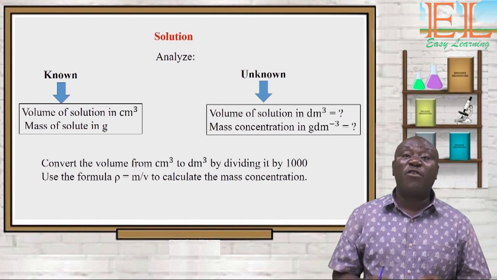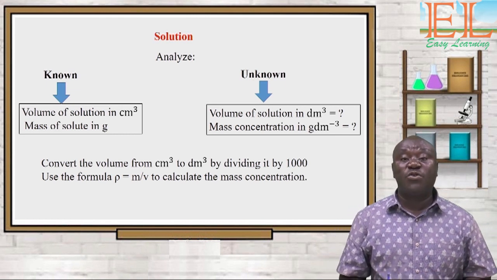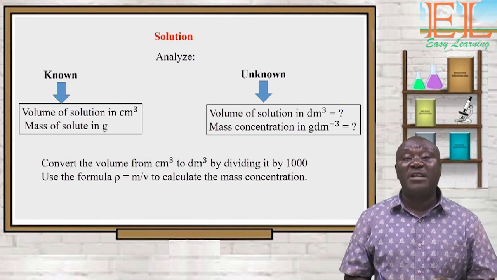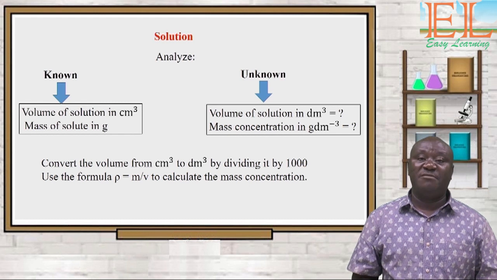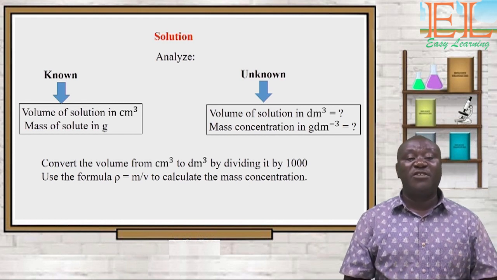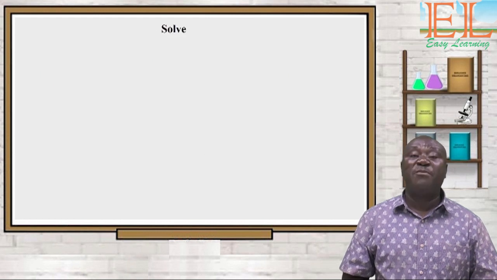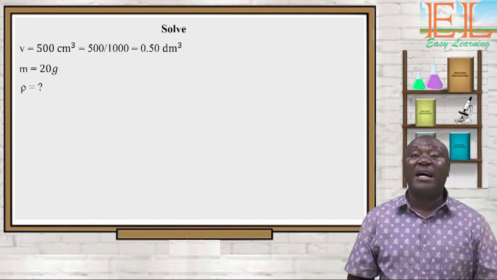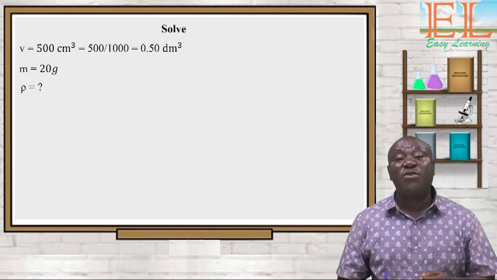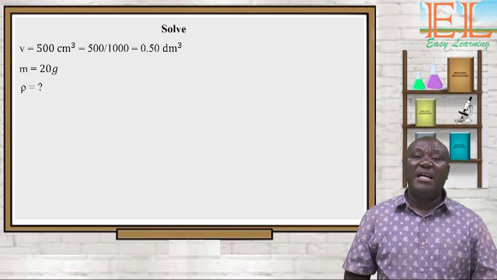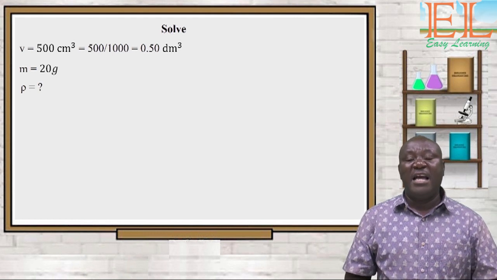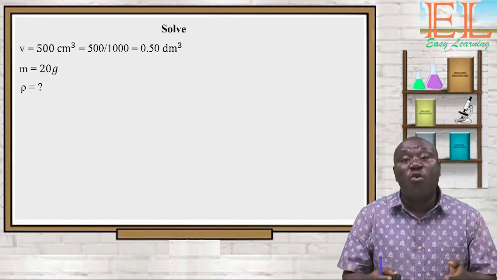Then we use the formula rho is equal to m divided by v to calculate the mass concentration. So you were given v to be 500 cm cube. If you divide it by 1,000, you will get 0.50 dm cube. The mass m is 20 grams, and the quantity being sought for is rho.